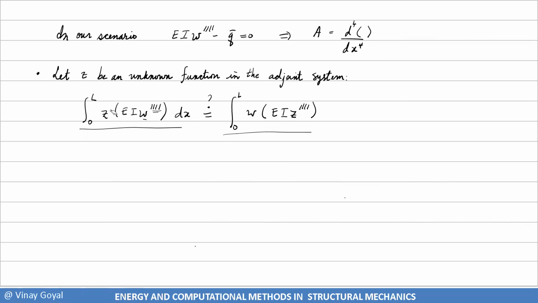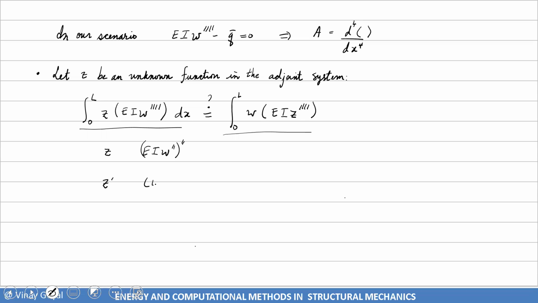So that's my goal. Let me start from the left-hand side, and my goal is to arrive at the right-hand side. To do that, put Z on the left side like this, and I could have done this double prime like that to be more exact, because that's how the governing equation looked.